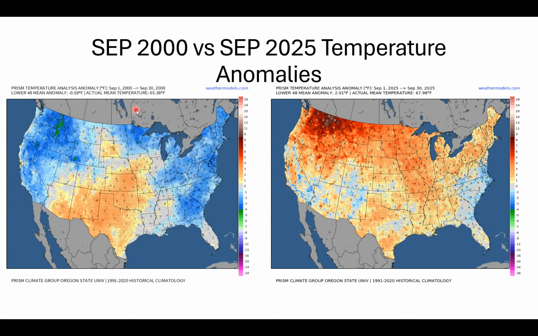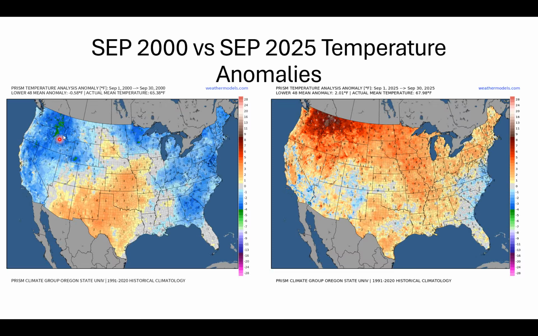We look at September of 2000 temp anomalies here on the left, below normal temperature anomalies across the Pacific Northwest down to California, above normal temperature anomalies from Iowa through the southern plains of Texas, and then below normal temperature anomalies there in the mid-Atlantic up to New England, even down to Georgia back in September of 2000. On the right-hand side, this is September 2025 for the comparison. Much different as far as the Pacific Northwest, well above normal temperature anomalies across Washington State, Oregon, Idaho, and western Montana.